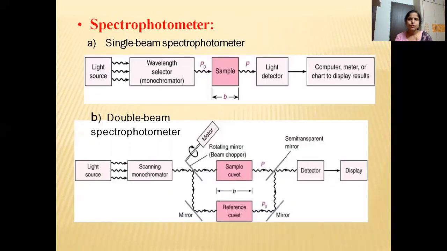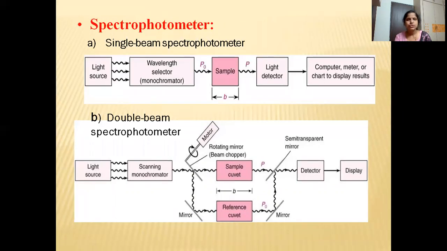In spectrophotometers we have two types: single beam spectrophotometer and double beam spectrophotometer. The single beam spectrophotometer, similar to the colorimeter, has a light source, but here we will have either a tungsten filament for visible, or for UV a hydrogen or deuterium lamp.